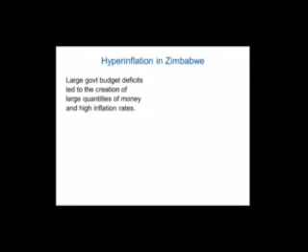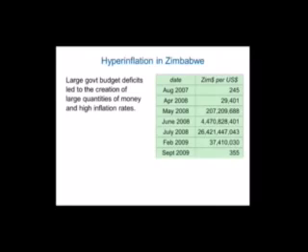The recent one we saw was in Zimbabwe. Large government deficits have created a huge amount of money and have created very, very high inflation rates. If we look at the price of the US dollar in terms of Zimbabwe dollars, the US dollar's price is relatively stable compared with Zimbabwe dollars.